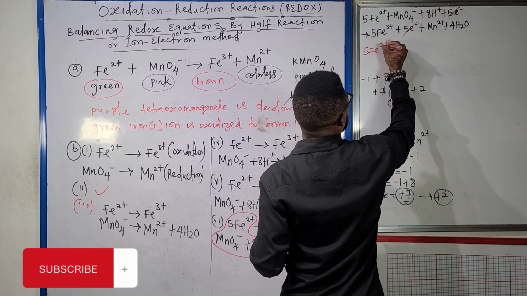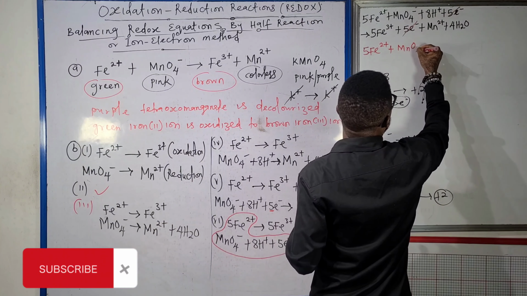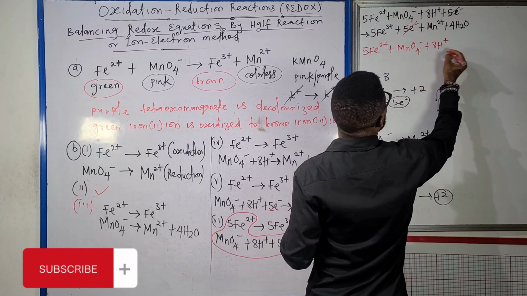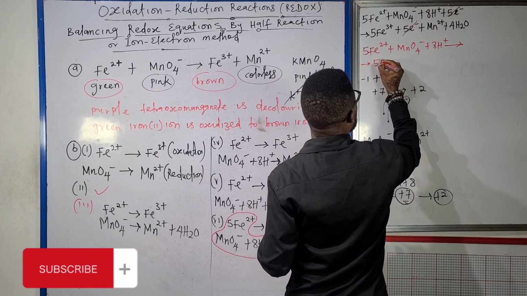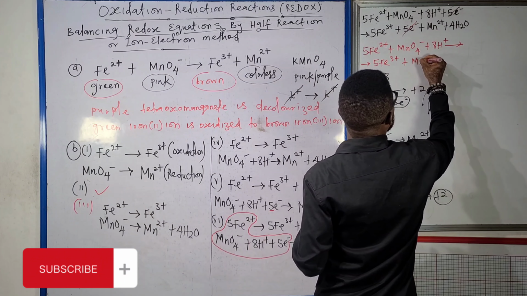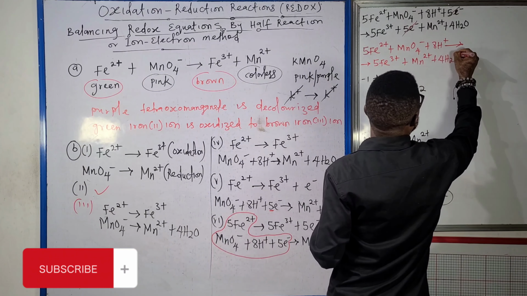5Fe2+ plus MnO4- plus 8H+ to give us 5Fe3+ plus Mn2+ plus 4H2O.